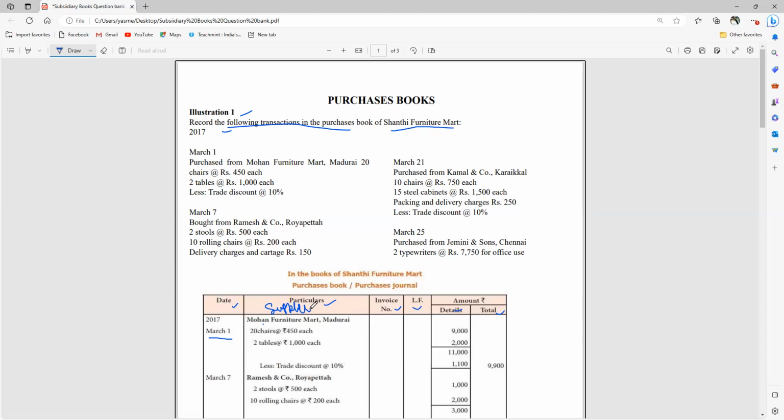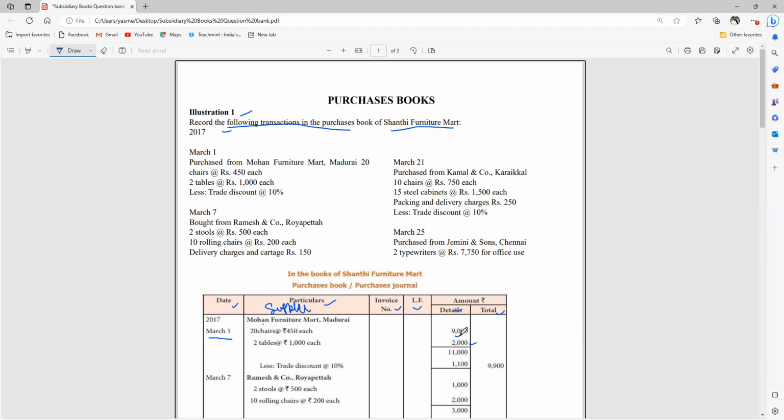So here, from Mohan Furniture Mart, Madurai, we have purchased 20 chairs at rupees 450 each. One chair is 450 rupees, and how much is 20 chairs? We multiply 20 into 450 and get 9,000. We record that in the details column. Next, two tables at 1,000 rupees each. So 2 into 1,000 is 2,000.